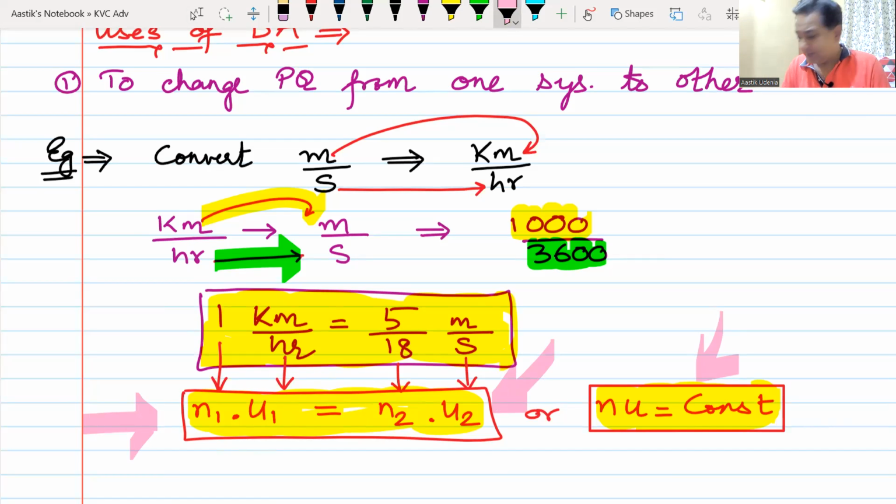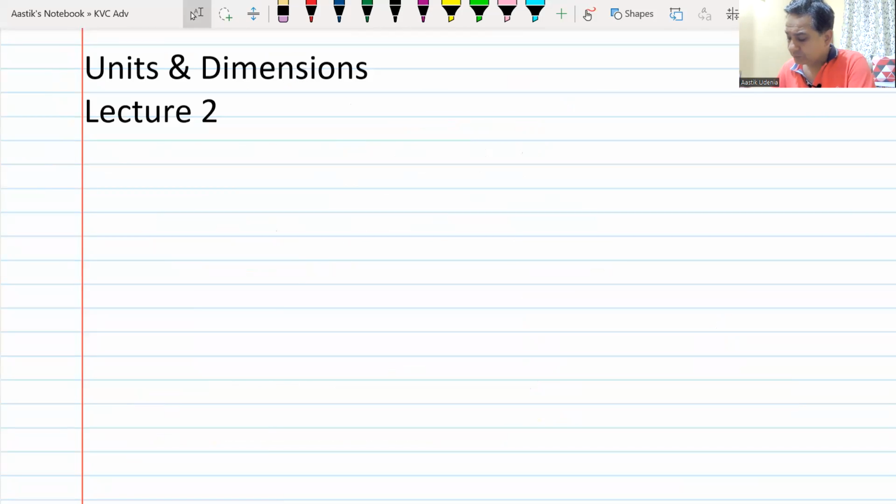Now let us see some examples of this use. Any of these examples can come as a question, and I hope that you can solve this. So let us solve an example. Do you know what is the SI unit of force?